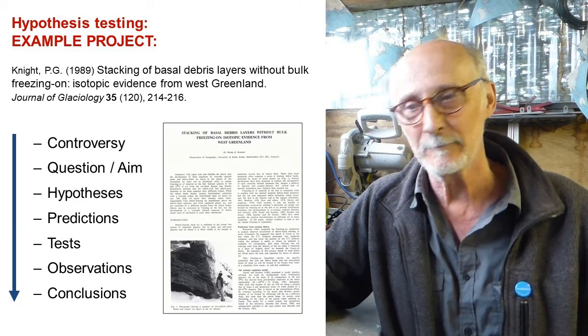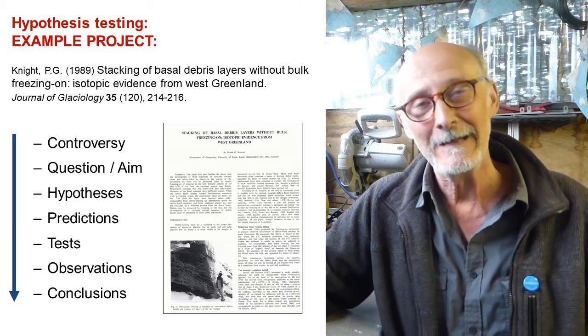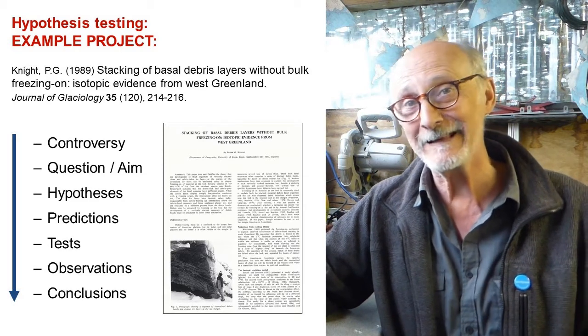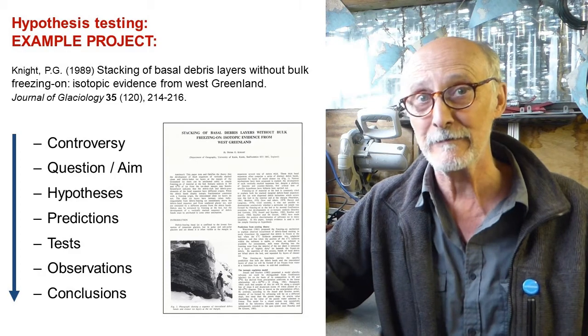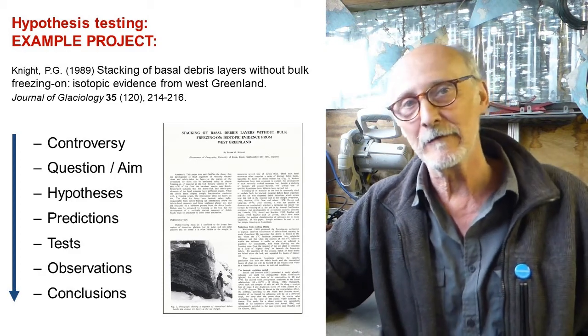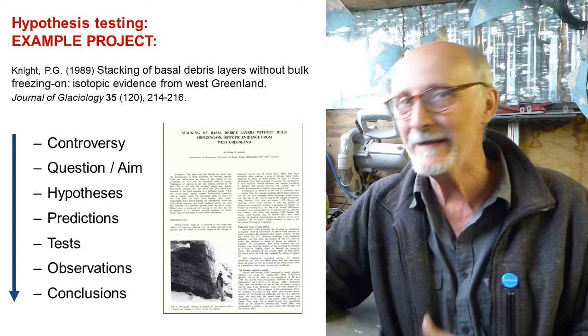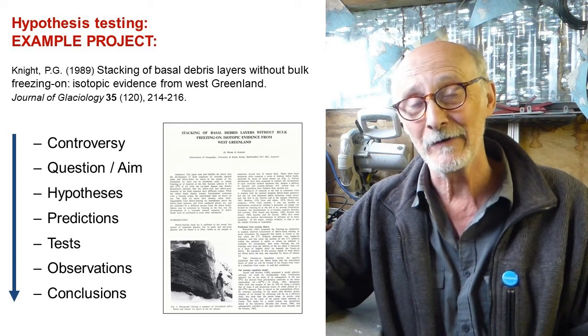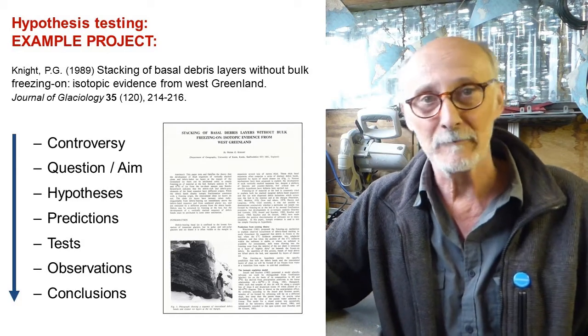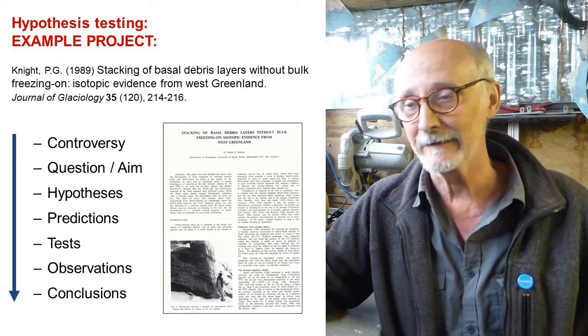Well, once you have a hypothesis, that then carries with it predictions of what you would expect to find if that hypothesis were true. So if it were true that the red soil was because of iron in the soil, well, then you would expect to find some kind of correlation between the soil colour and the soil composition in terms of its iron content.